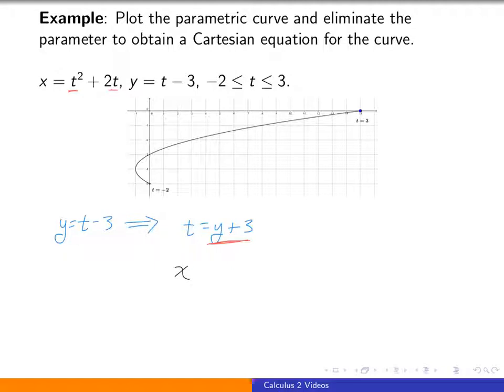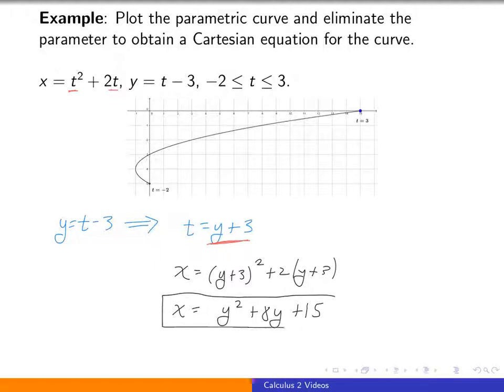We're writing them in this equivalent way. So x is equal to (y plus 3) quantity squared plus 2 times (y plus 3). And if we go ahead and just algebraically expand, this becomes y squared plus 8y plus 15. And this would be what we would call the Cartesian equation representing the curve.